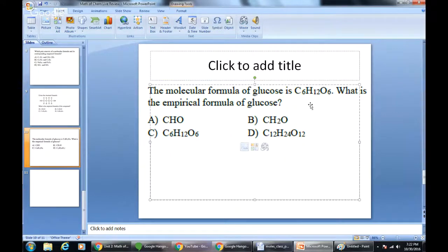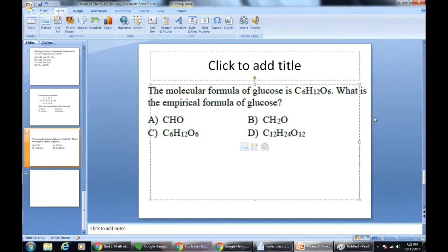Now, to find the empirical formula, we need to divide by the greatest common factor, which happens to be 6. So it becomes CH6O. Oh, no, I did that wrong. So it'd be C6H12O6 if you divide all by 6.